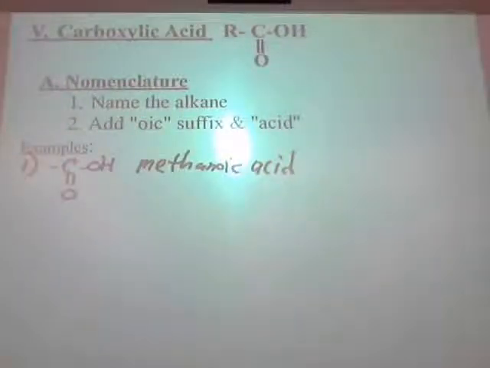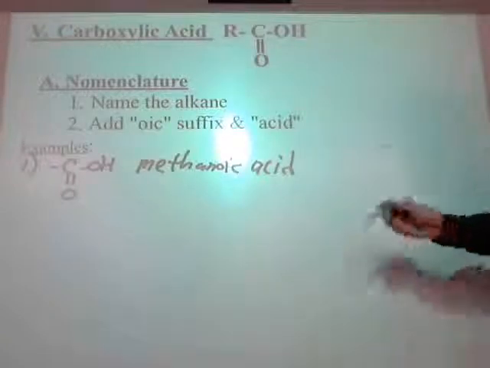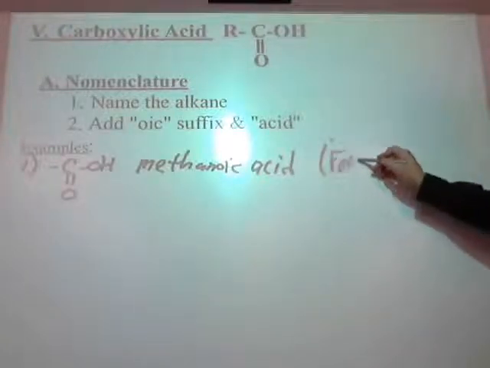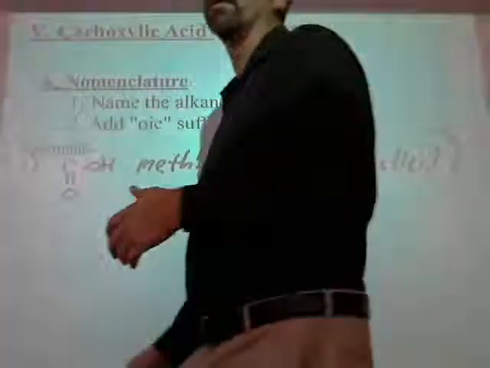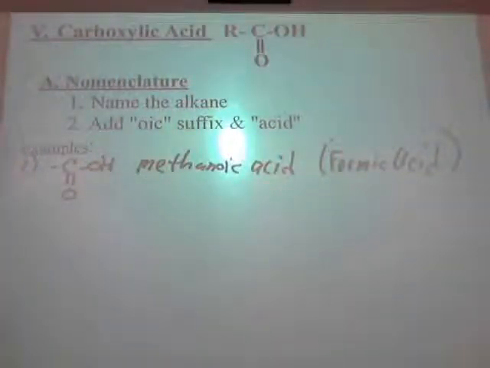Now, none of these, like I said, that we're going to talk about today actually get called by those names. People who want a bottle of methanoic acid ask for a bottle of formic acid. All right? We're going to use formic actually for one carbon to mean one carbon in multiple places, formal group, formaldehyde. But the original production of methanoic acid was by destructive distillation of ants.